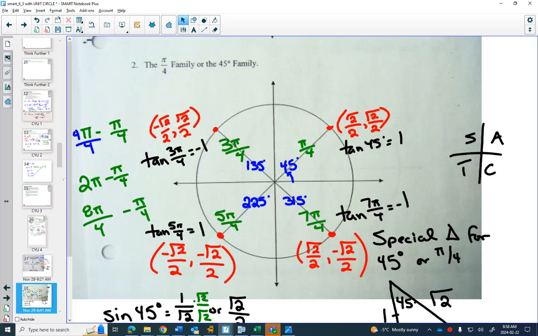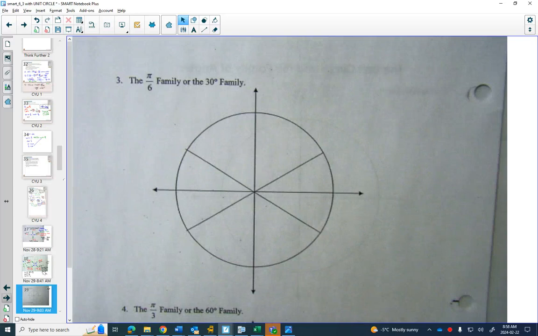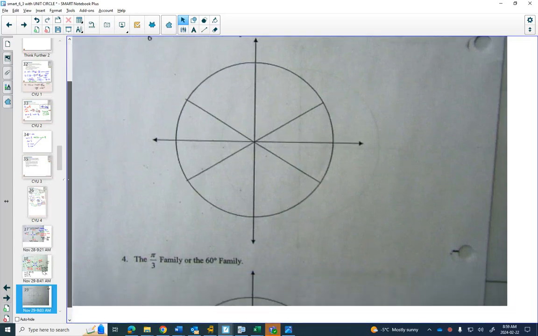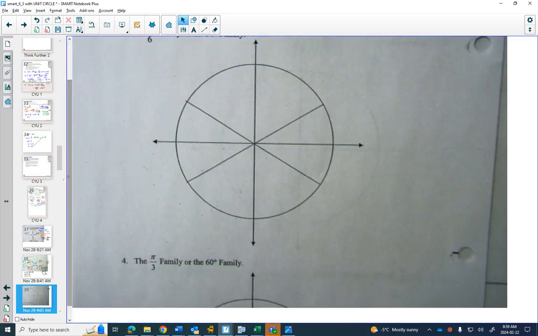At negative 45 degrees, right here, it's positive root 2 over 2. So cos of negative 45 degrees is equal to square root of 2 over 2. Perfect. Okay? Now we get to our last two families, and our last two families we can do with one special triangle. So maybe right in between here.